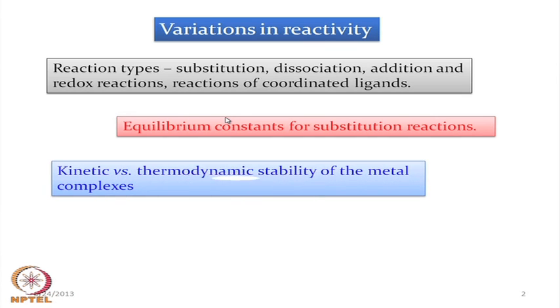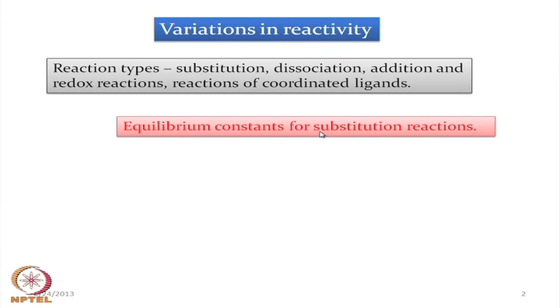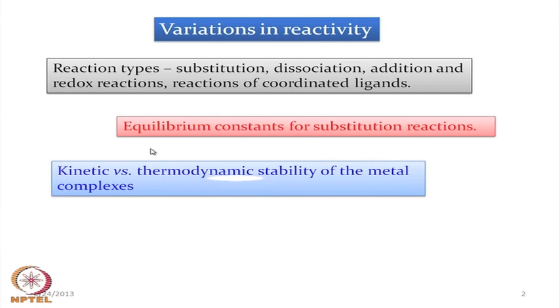So, we find the equilibrium constants for substitution reactions. The thermodynamic parameter we are talking about is the determination of the equilibrium constants if the reaction is taking place as a substitution reaction. Then we can have the kinetic versus thermodynamic stability of the metal complexes.